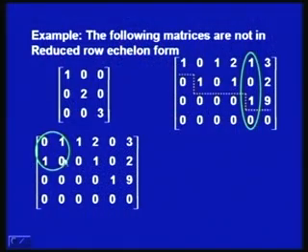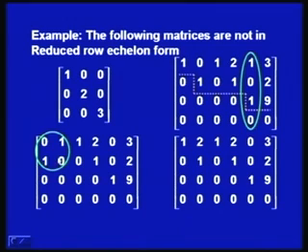The same thing is here. This particular pattern is against the form, because this is a leading one in this row, this is a leading one in this row, but this leading one is on the right hand side. This should be on this side and this should be on this side, only then it will be in row reduced form. So, this is not in reduced row echelon form.